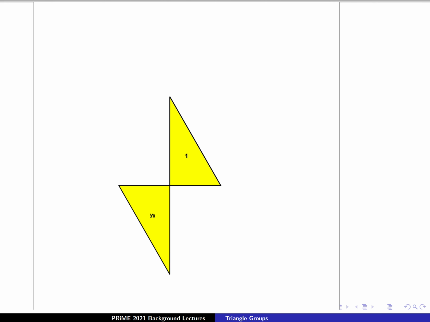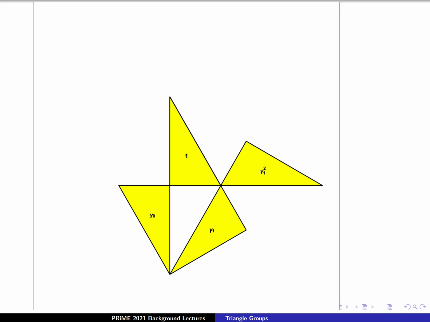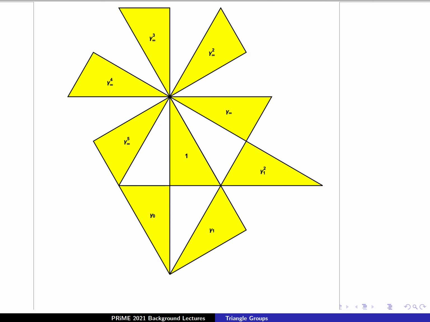Notice that we did rotate by 180 degrees. For gamma 1, we have now rotation by 120 degrees, and around R, that is our gamma infinity, we have a rotation by 60 degrees. Notice that we just had the composition of the 3.